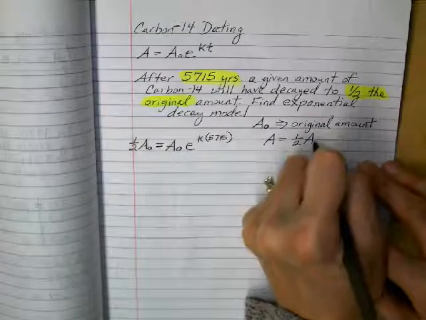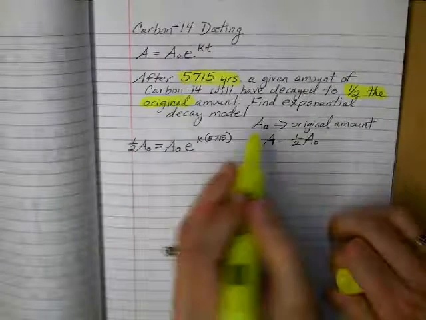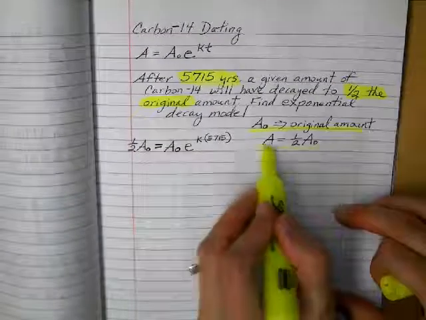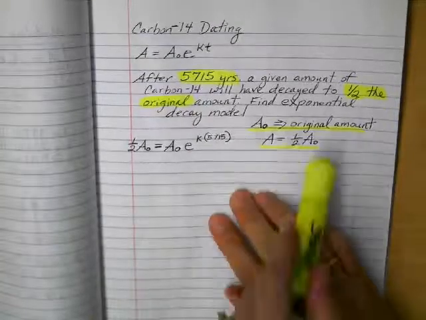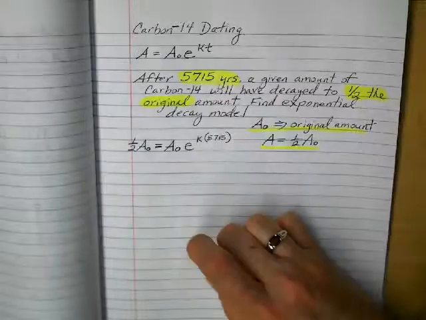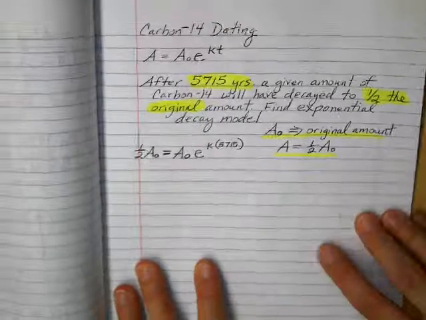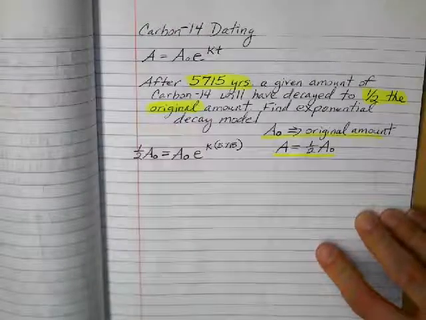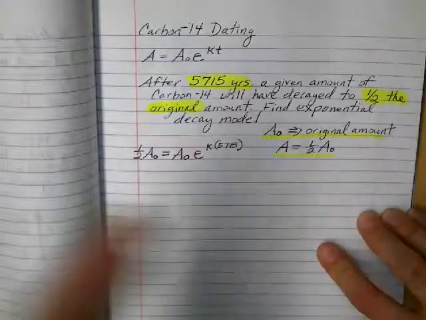A0 is the original, so the A in the problem, when they tell you about half-life, you can put 1/2 of the original over here for the A. I know it's kind of confusing at first. I always found this one weird when I learned it too. I have A0 and then just half A0. The problem just equals half of the original amount.